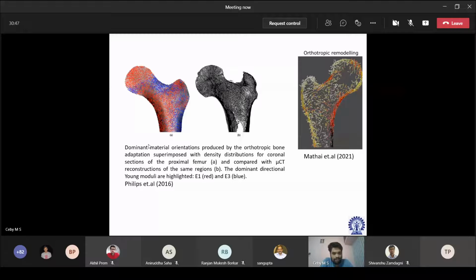The dominant directional Young's modulus are highlighted by E1 and E3. These are just the trabecular architecture. This is just to tell you how the orthotropic or the isotropic assumption can realistically consider the model, like which is more realistic, orthotropic or isotropic.